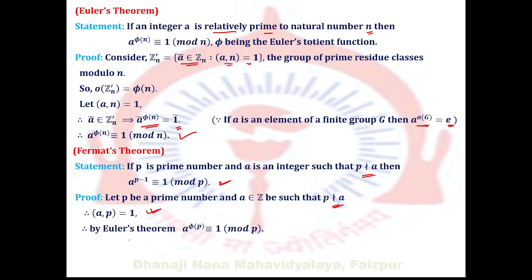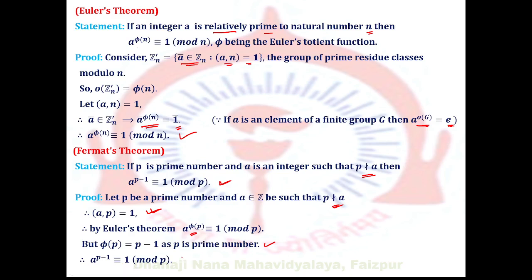So in Euler's theorem we have a raised to phi p is congruent to 1 modulo p. But here p is prime number and we know the value of phi p, because p is prime number, GCD with all numbers less than p is equal to 1. So the value of phi p is p minus 1. So we replace that phi p by p minus 1 because p is prime number. So thus we get the result, that is a raised to p minus 1 is congruent to 1 modulo p.